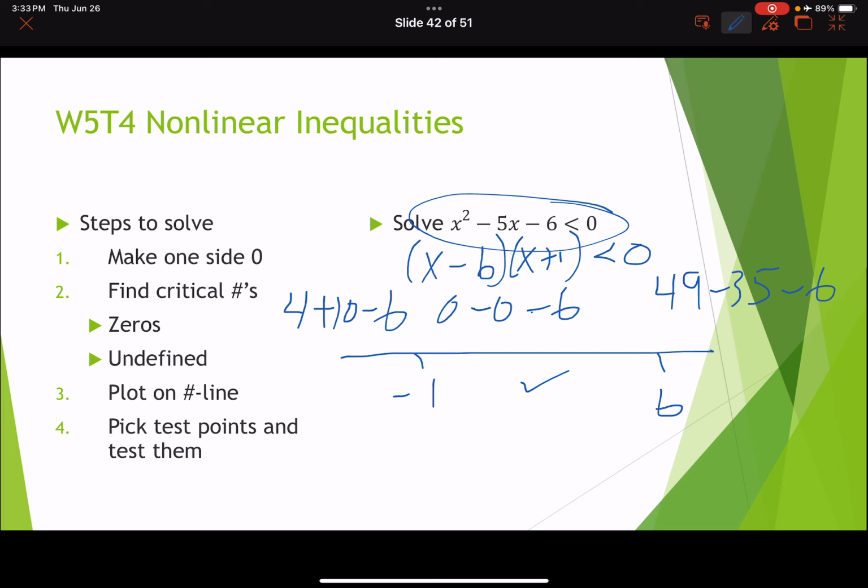That's bigger than 0, so not a solution. So our solution here, which is less than 0, because we don't want to include -1 and we don't want to include 6, since those are our zeros, would be, in interval notation, -1 to 6. That's the only range where we get a value less than 0.